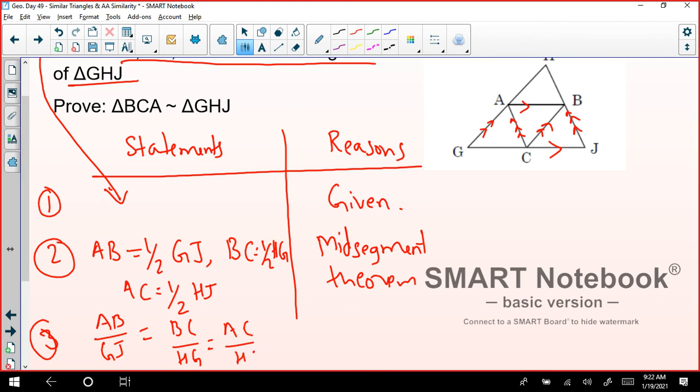And that will end up being half, because by using the division property thrice, AB over GJ gives half, BC over HG gives half, AC over HJ gives half. So division property and later on substitution. I'm putting both steps together.